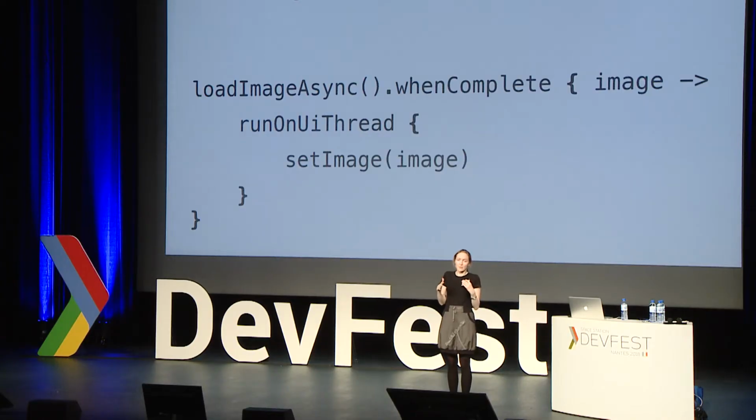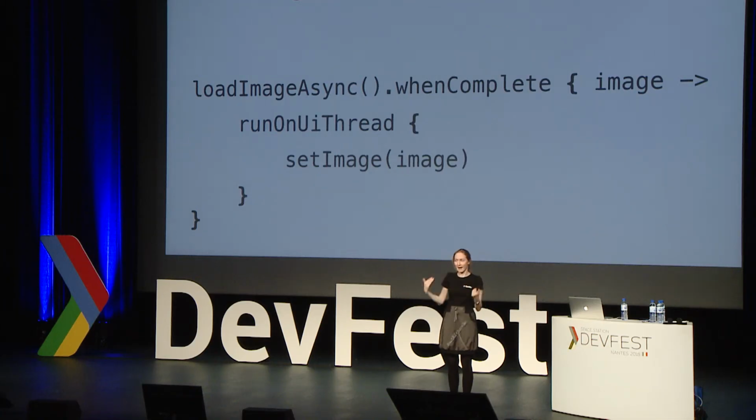Using callbacks often leads to problems, especially because the code is not easy to read, when you have a lot of callbacks one inside another. Sometimes it is called callback hell, when you have a lot of indentations for these callbacks.